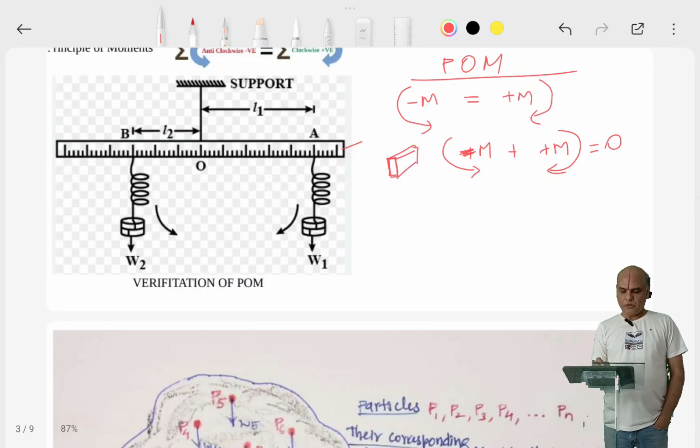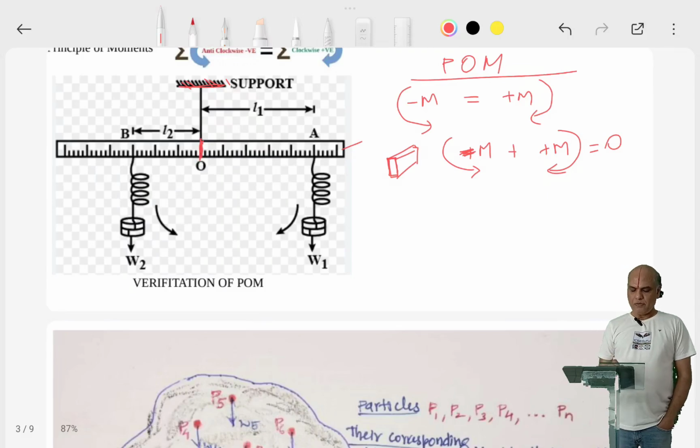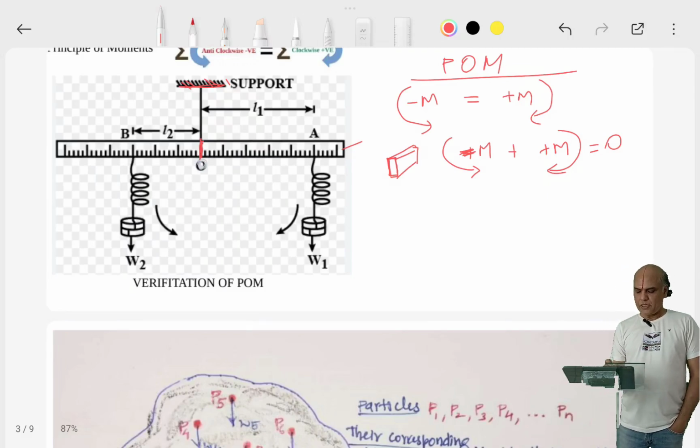Consider a meter scale that is hung at the center using a string, tied to a rigid support. So the scale is balanced or hung at its midpoint. For convenience, we mark this midpoint as 0.